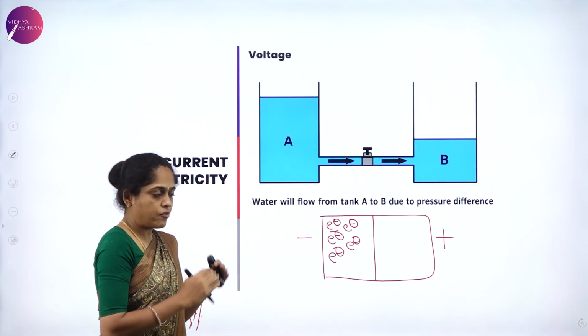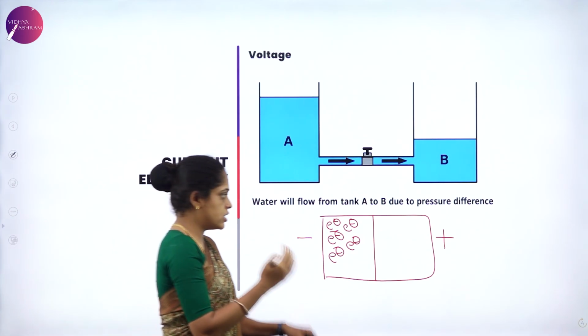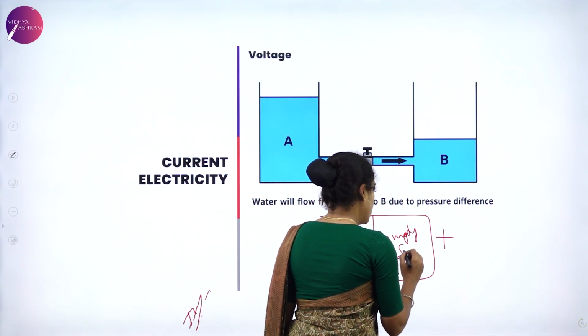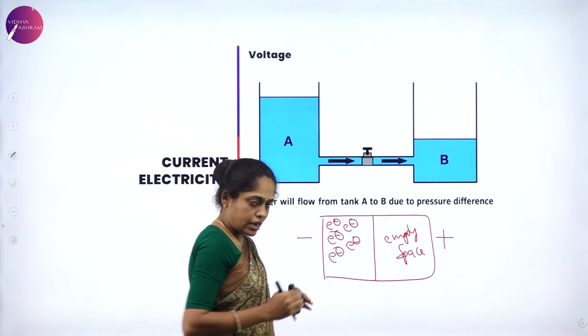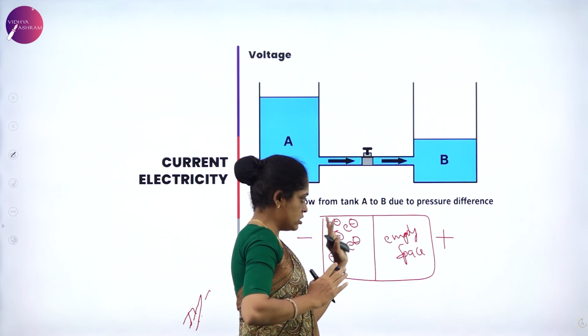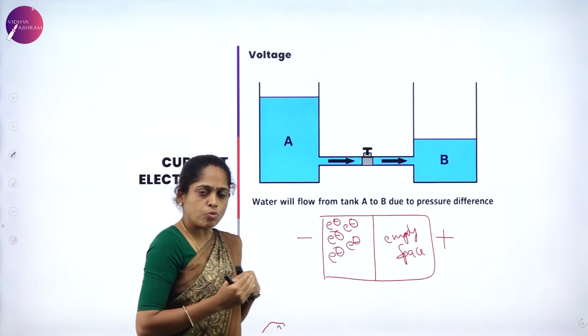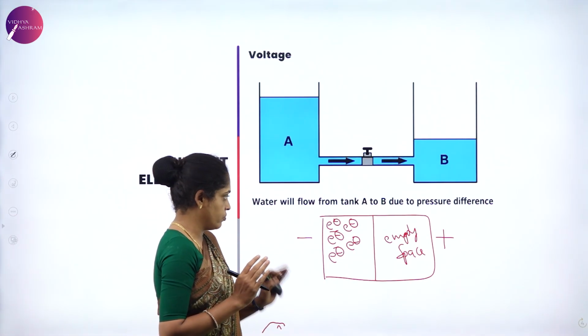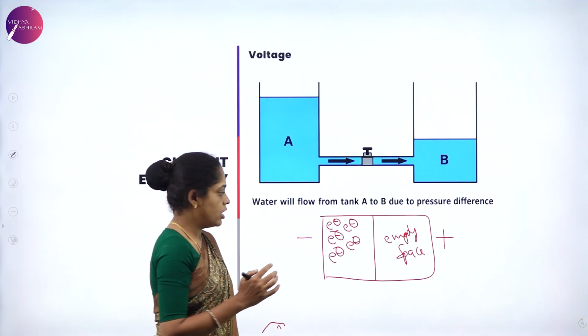So on one side we have more electrons, and on the other side empty space, nothing but electrons are in less number. Here there is a barrier between these two sides where electrons cannot move from one place to another inside the solution or inside the battery.